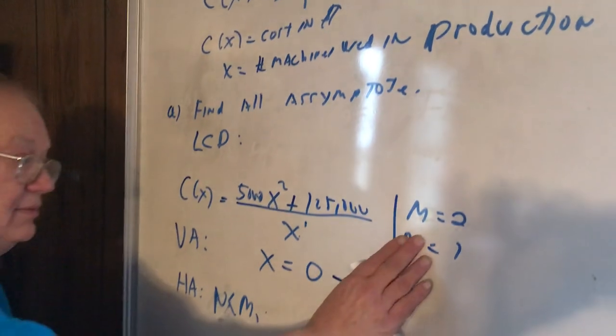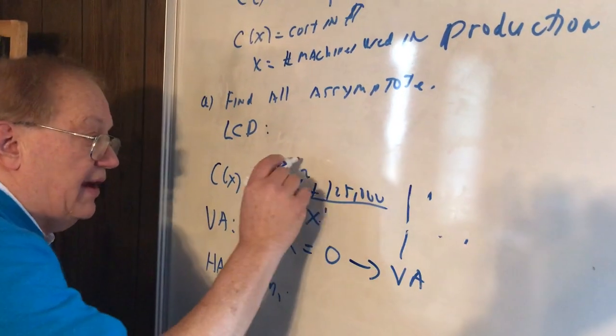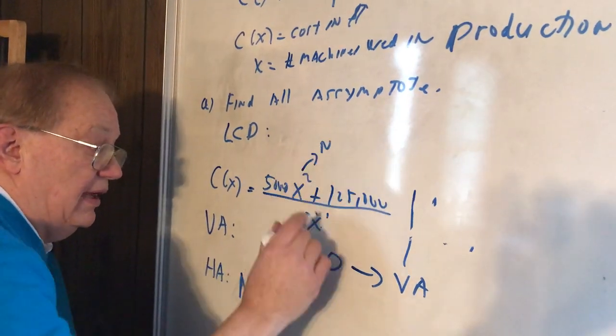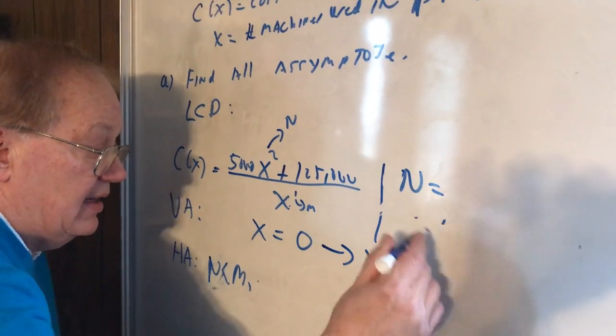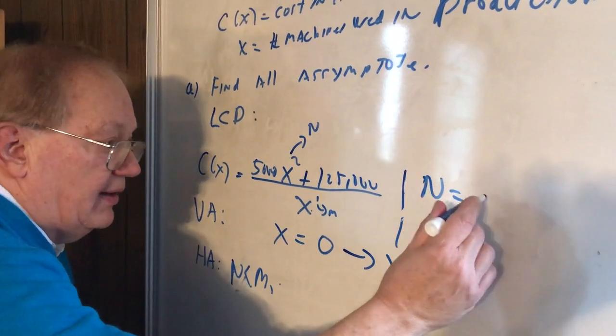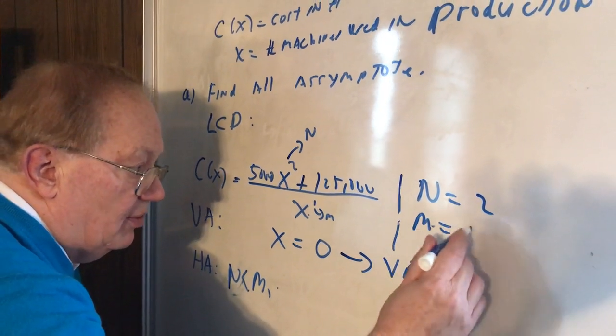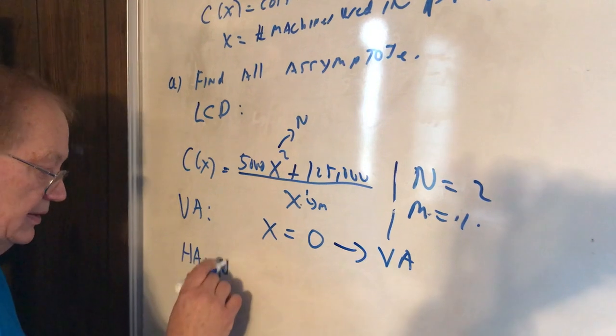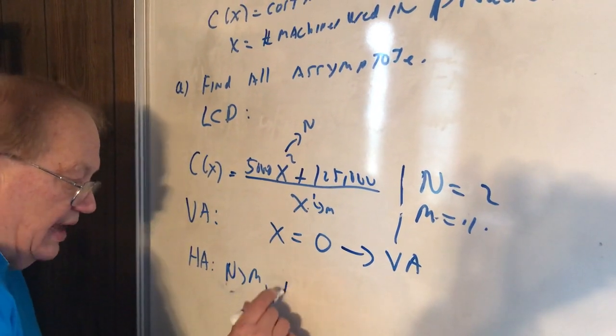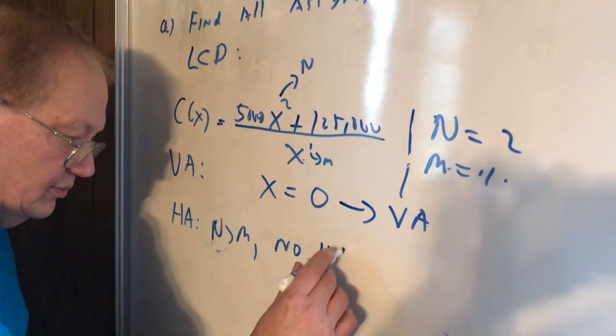I made a mistake here. This is our n factor, and that's our m. So n, don't forget, n is for the numerator, and m equals 1, almost finished. So here n is greater than m, which means we have no horizontal asymptotes.